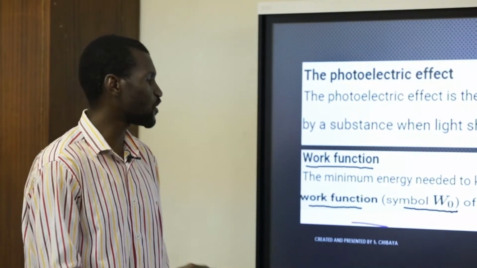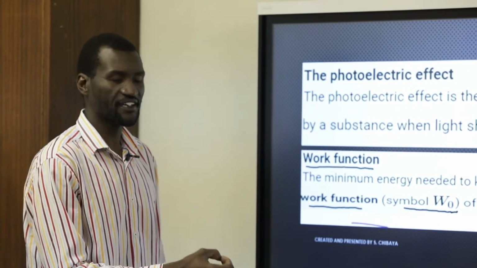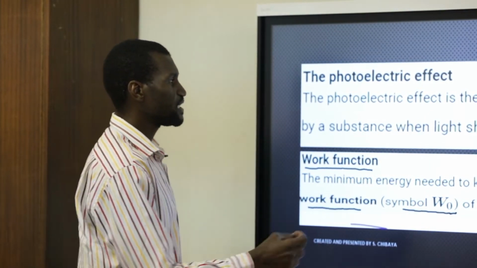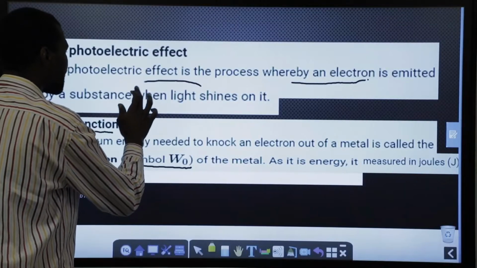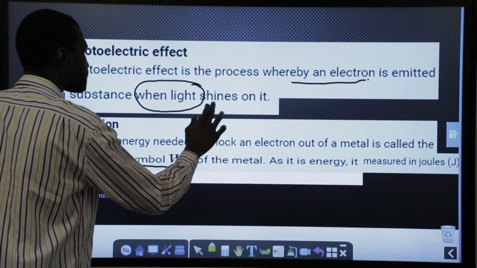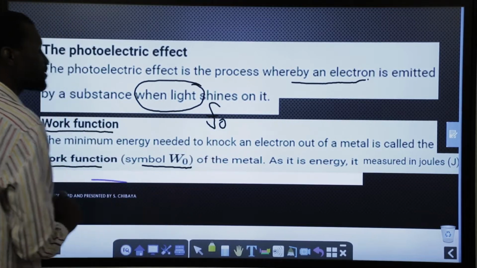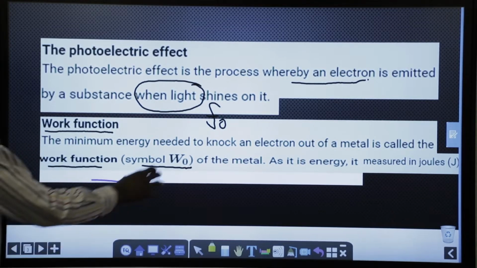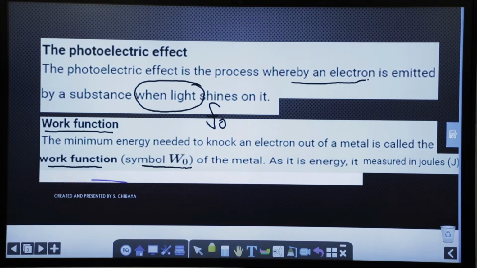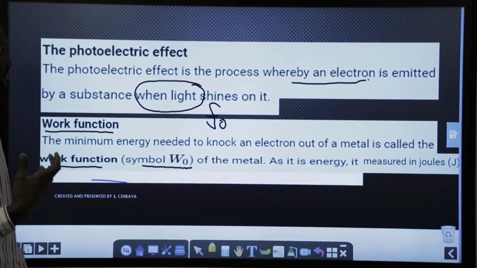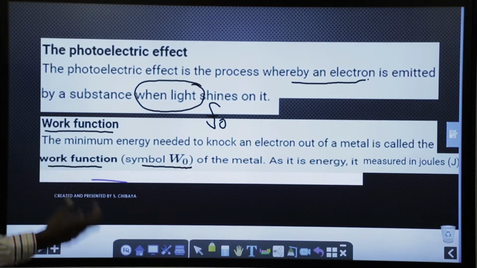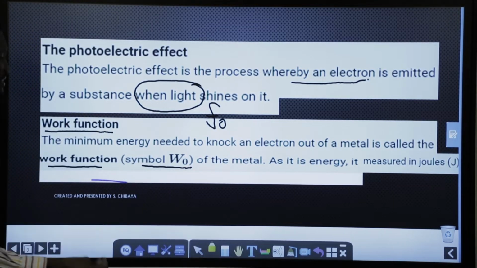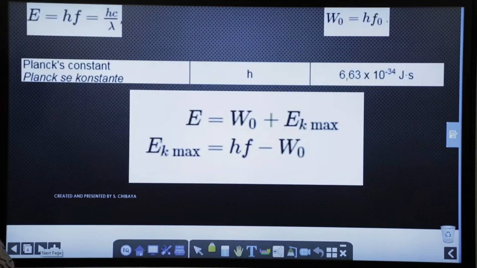As much as we've got the minimum energy required to knock off an electron, we also have a minimum frequency, because remember, light has a frequency. The minimum frequency required to knock off an electron from a metal is called the threshold frequency.